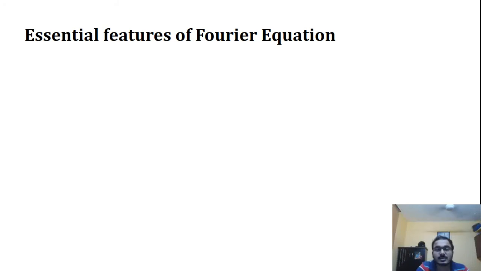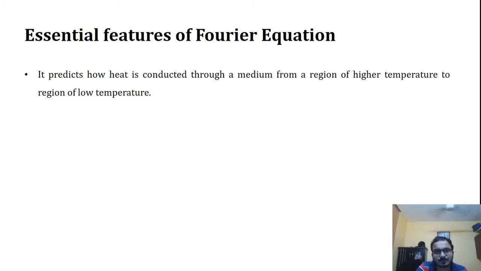Now there are some essential features of Fourier equation that we need to study. First is, it predicts how heat is conducted through a medium from a region of high temperature to a region of low temperature.